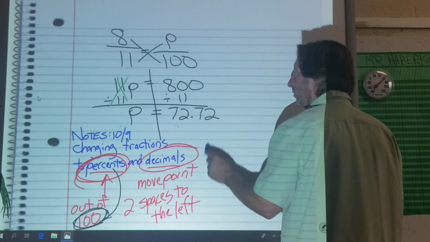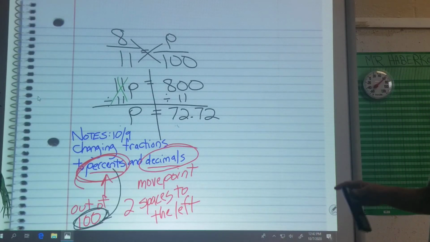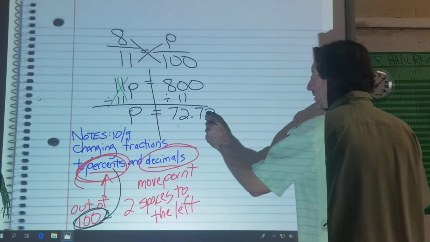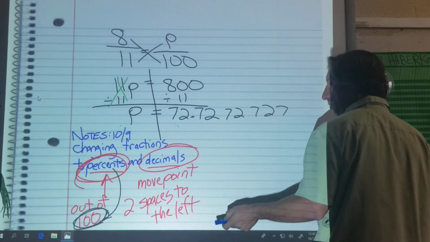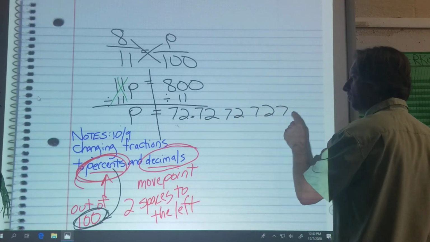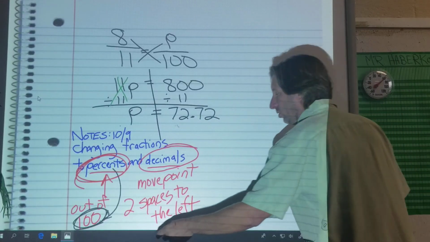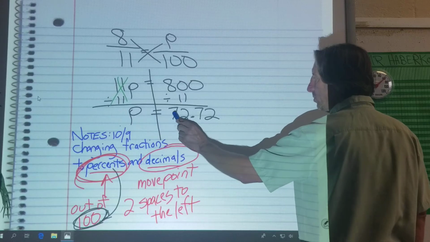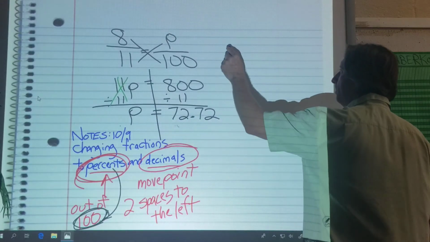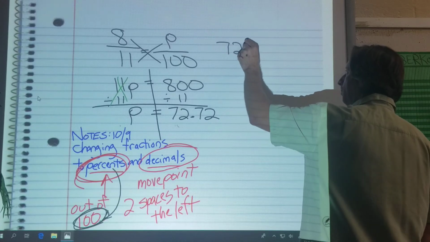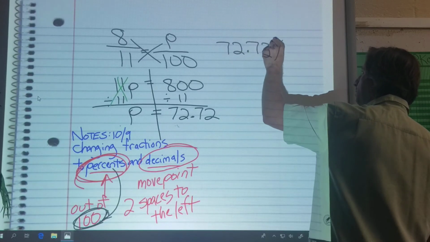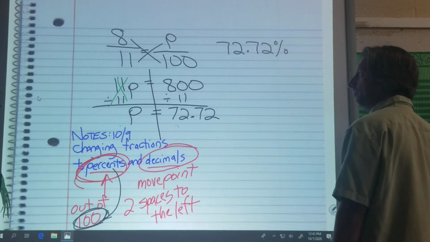I'm going to leave it just like this: we're only going to go 2 numbers after the point, all right? Because it keeps going forever. It says 72, 72, 72, but we're not going to do that. I'm going to cut it off after 2. So my percent equals 72.72%. Put your percent sign after it for the percent.